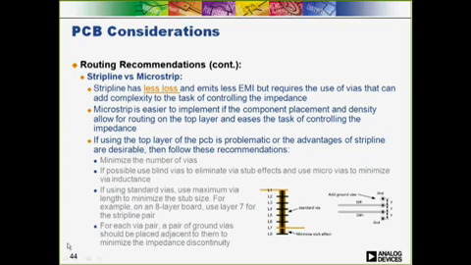Routing the traces on only one internal layer and the top layer using just 2 pairs of vias is best. If possible, use blind vias to eliminate the via stub effect and use micro vias to minimize the inductance of the via. This will also help in controlling the via impedance.